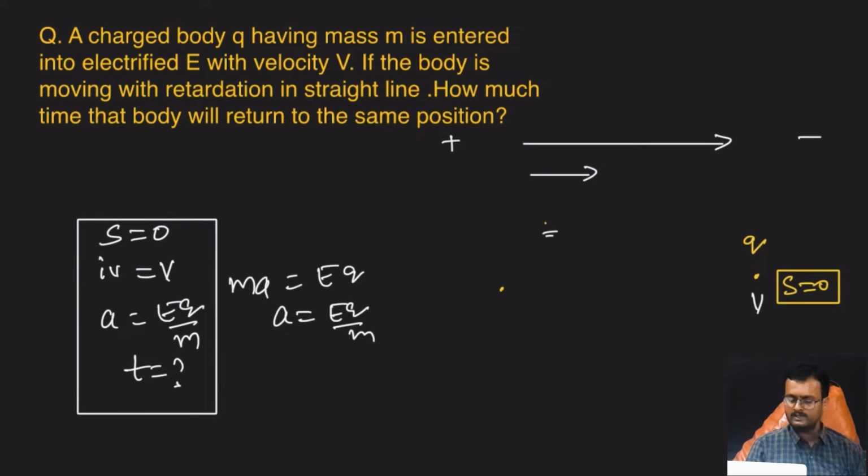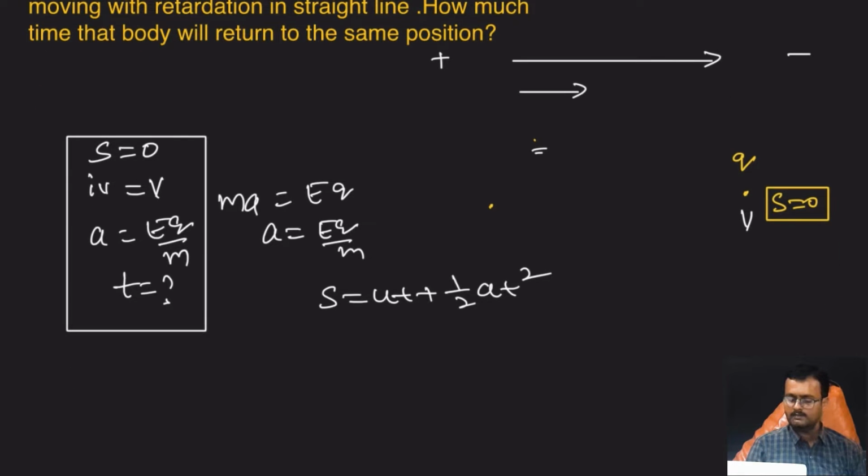In kinematic equations we have a formula S is equal to ut plus half at square. So displacement here is 0, initial velocity is v, time is the question mark, plus half, acceleration is minus EQ by m, because it is moving with retardation.